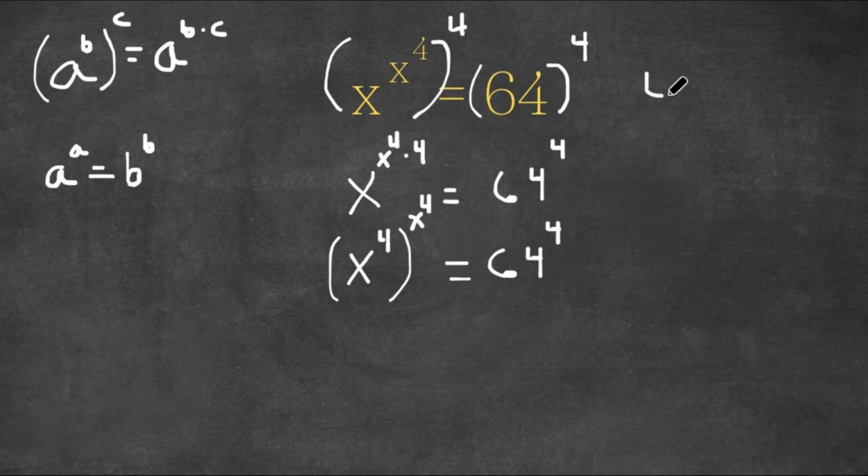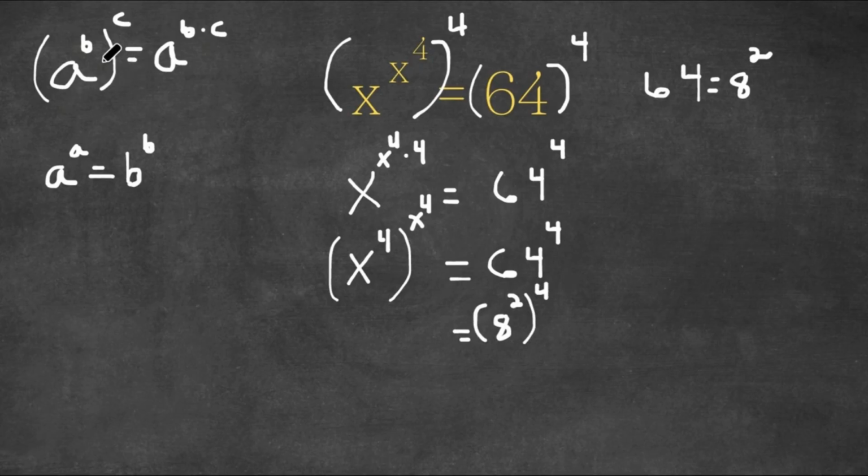So 64 is equal to 8 squared, right? So we're going to replace 64 over here with 8 squared. So we're going to have 8 squared to the power of 4.